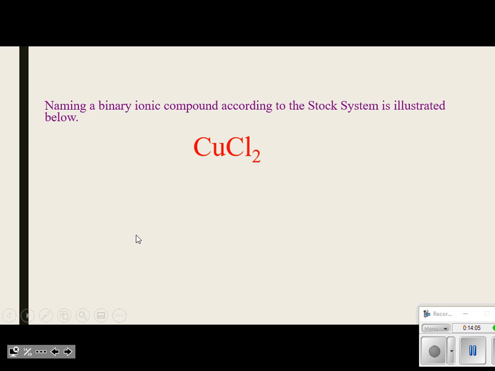Now, when we name a binary ionic compound and we need to use the stock system, I have a kind of mental checklist that I go through. So, when I'm going through this particular one, CuCl2, I know I'm dealing with copper, I know I'm dealing with chloride.